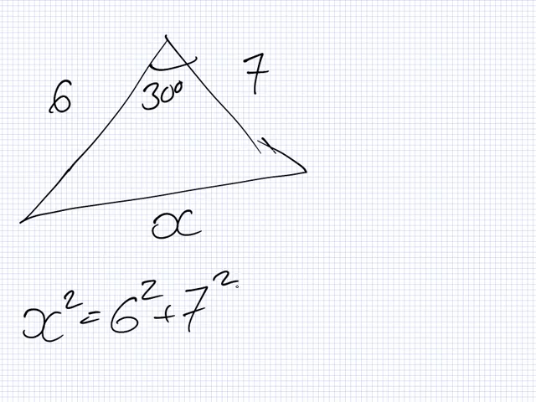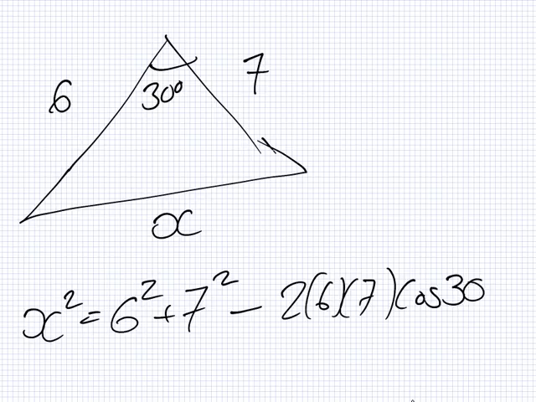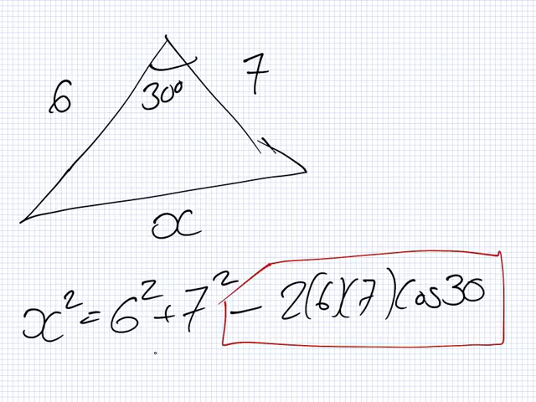So far it looks just like Pythagoras. And then the next part is the difference. You would say minus 2, 6, 7 cos the angle in between. So it's nearly like Pythagoras except for this extra piece at the end. That makes it different.